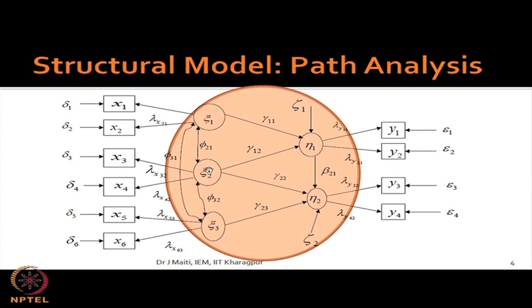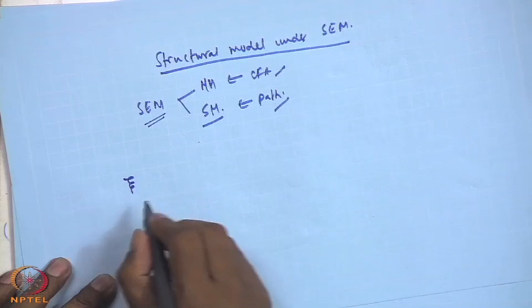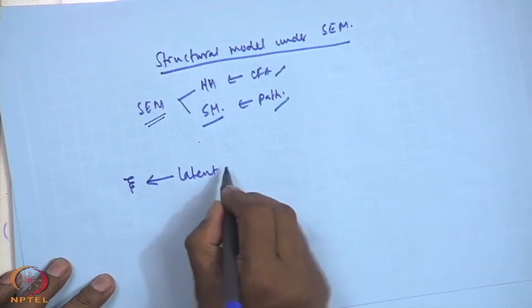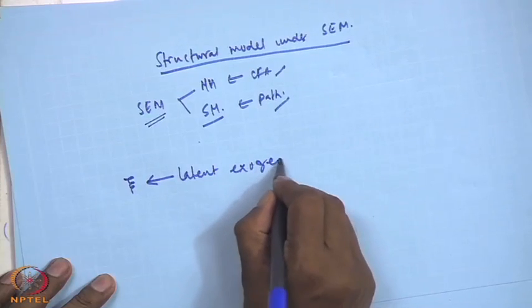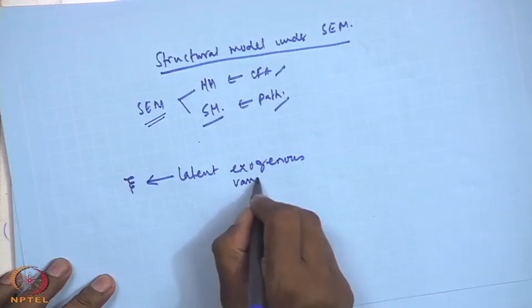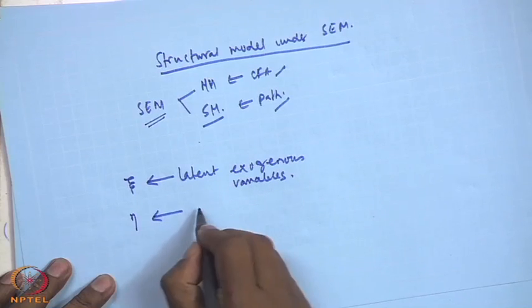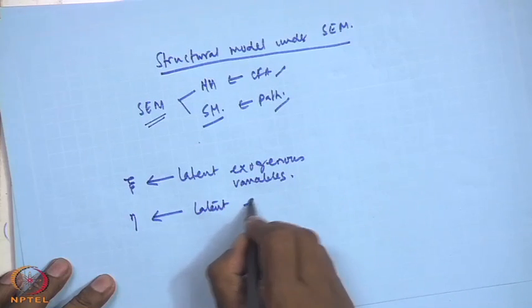So Xi1, Xi2 and Xi3, and eta 1 and eta 2, are two sets of latent constructs. In structural equation modeling, the Xi variables are latent exogenous variables, and eta is termed the latent endogenous variable.